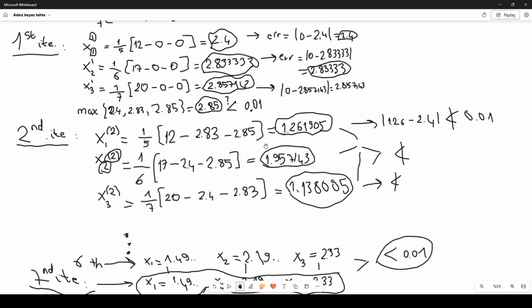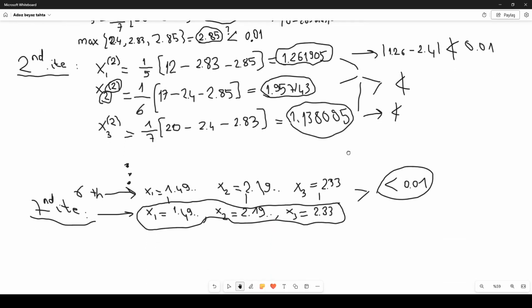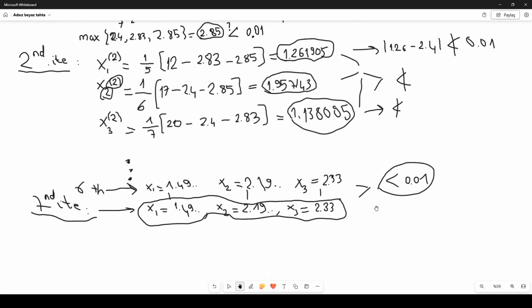We compute and find the new values of each unknown variable in each iteration until we are done with the error tolerance, and if all of the errors are less than the desired tolerance rate, then we stop our algorithm, we stop our computational process and produce the output values that we have at that iteration.